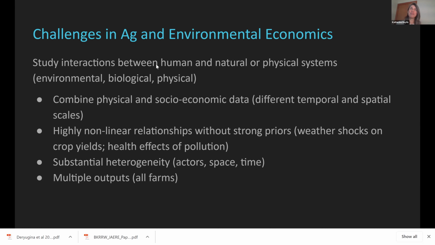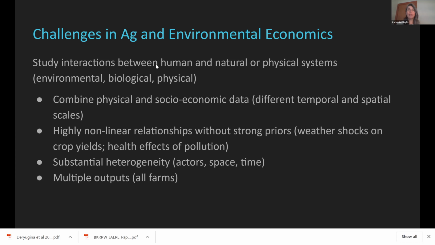We try to learn a bit about them, but it's really trying to build some of the outputs of those other systems, human health for example, into the behavioral models that we're more comfortable with. It also quite often means combining socioeconomic data with, say, environmental data that come at very different spatial and temporal scales.